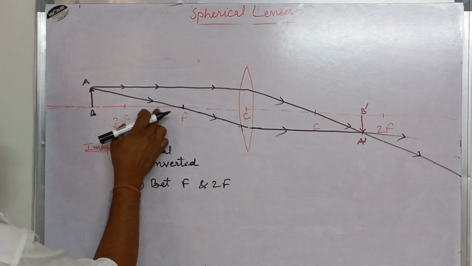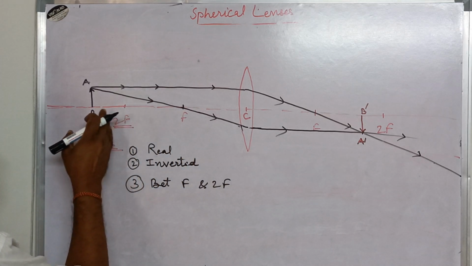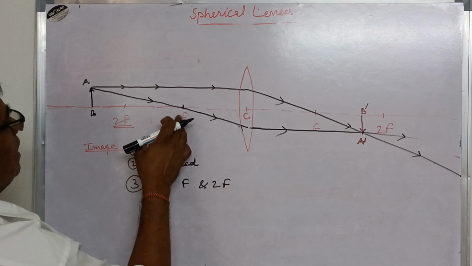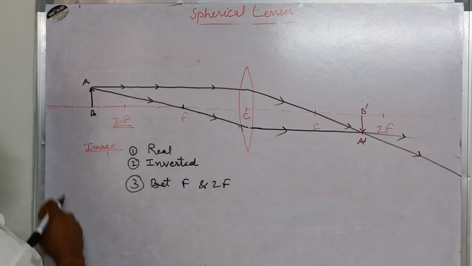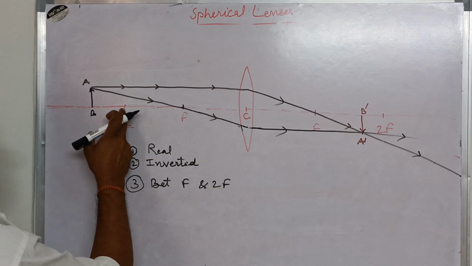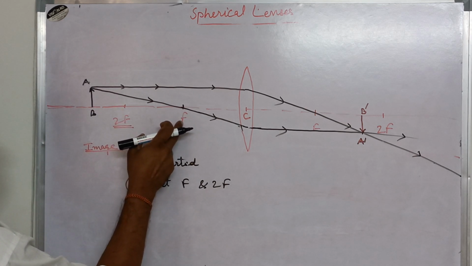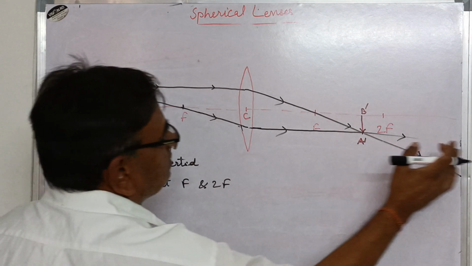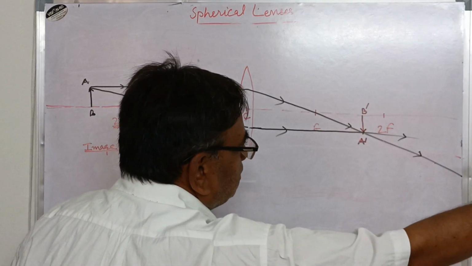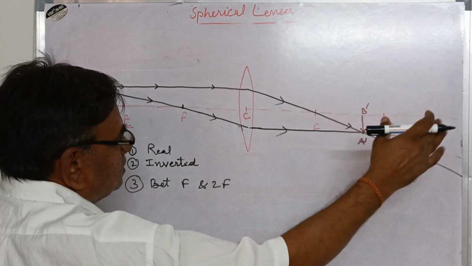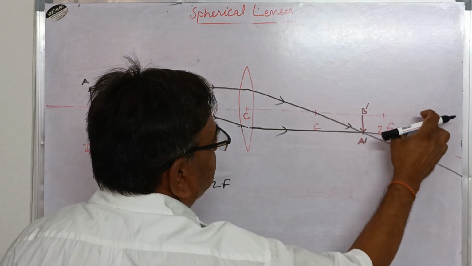When the object was between F and 2F, the image was coming from infinity to this side and reaches beyond 2F.